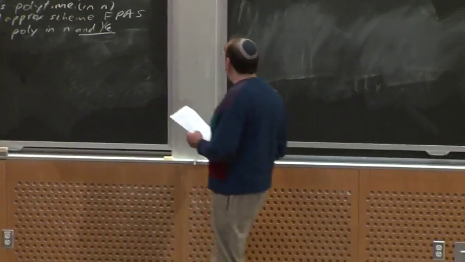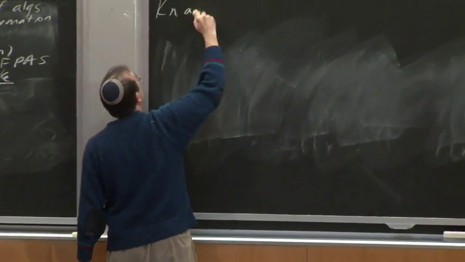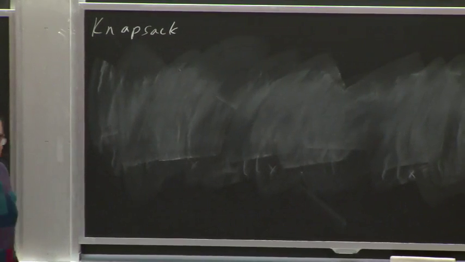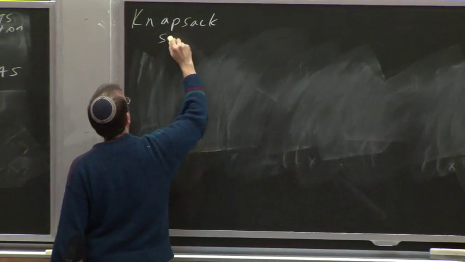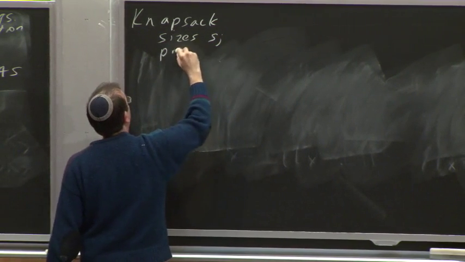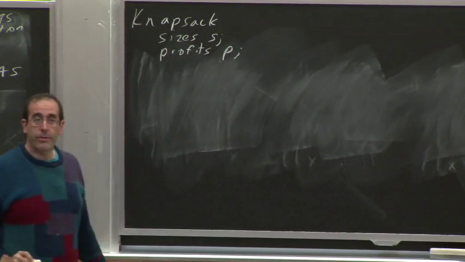Good. So let's introduce the problem that we're going to be starting to look at, which is knapsack, which we've already seen. We talked about this last time. You've got your item sizes, Sj, and profits, Pj, for your n items.